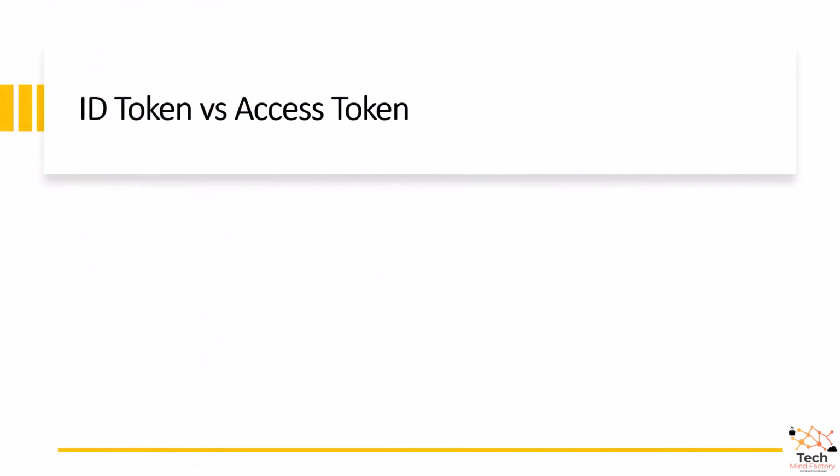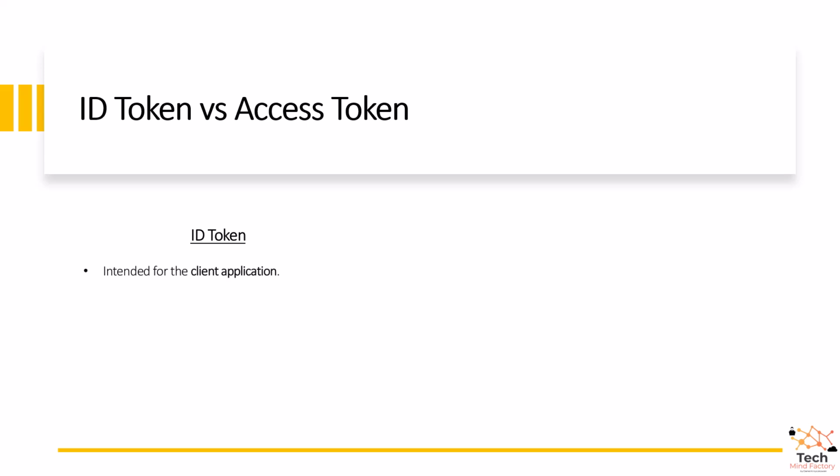Okay. Just to summarize, because obviously this video is not specifically about OpenID Connect, OAuth and tokens, but I thought it would be really valuable to mention some differences here because there is a lot of confusion, especially for developers. So, ID token. The ID token is intended for the client application.